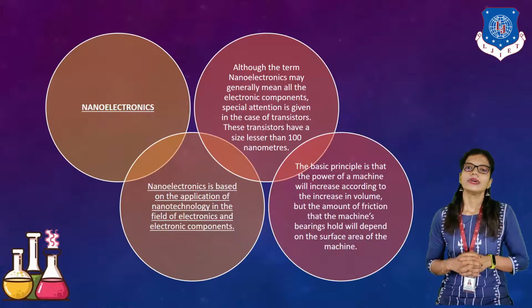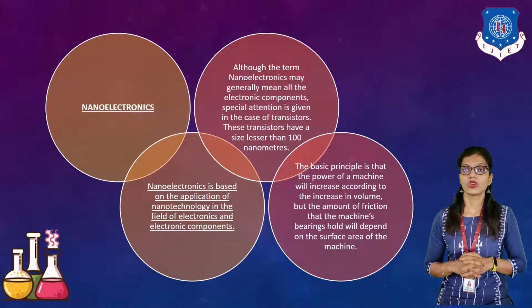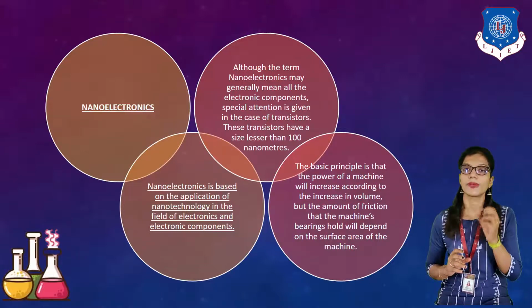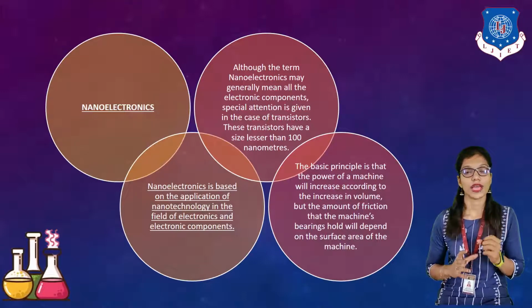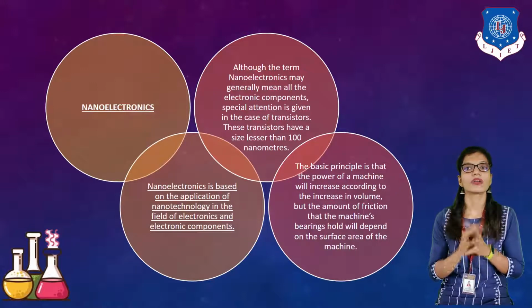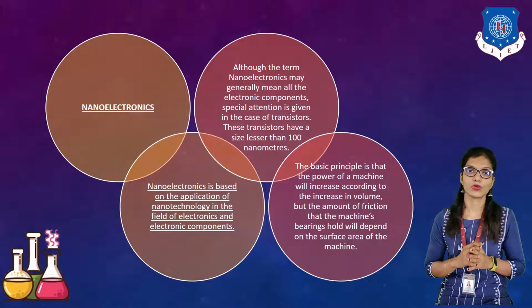Now we will take a look at certain different branches of nanotechnology where we apply the knowledge of basic science and nanotechnology together and convert it into an applied branch. Here we have nanoelectronics.